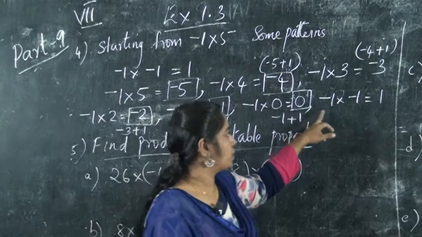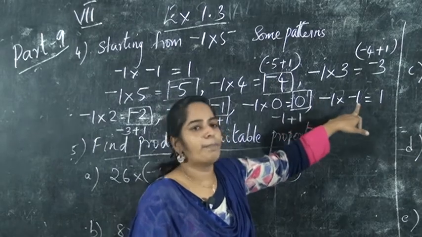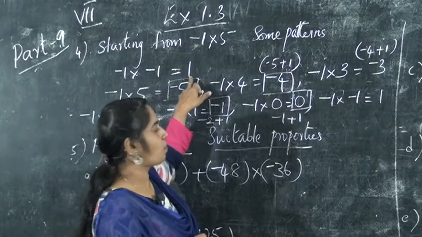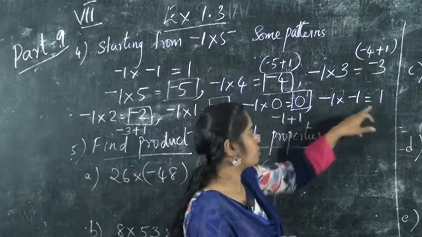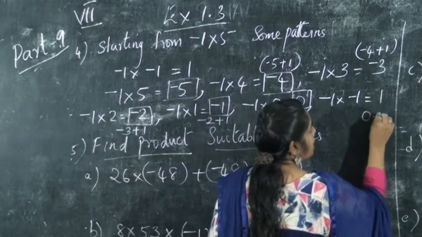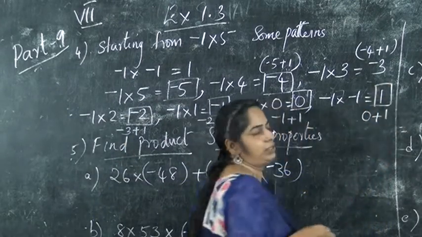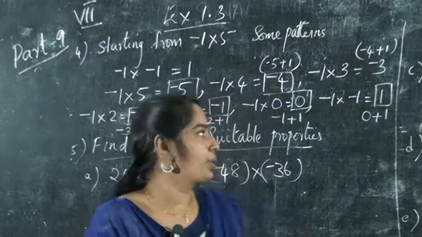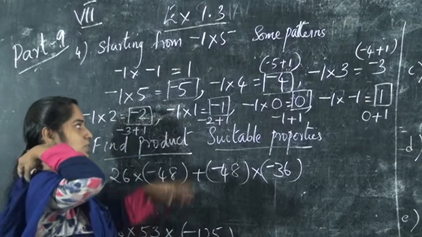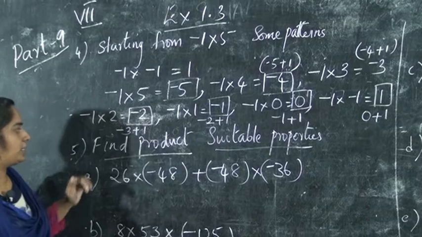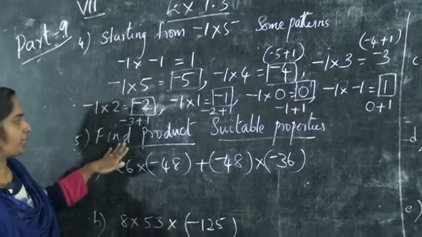So we want to multiply -1 into -1, that becomes positive 1. Up to that we want to write. So here plus 1 means 0 plus 1, it is 1. You all understand how to write this pattern, isn't it, children? Hope you all understand this. You must write and find out that. Okay, again we can go to the next question.